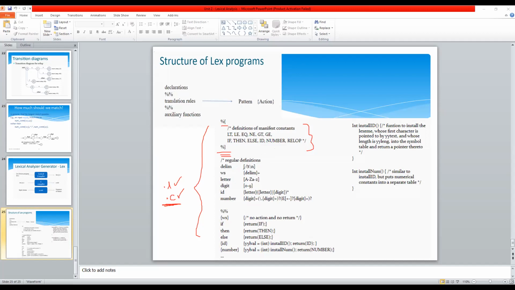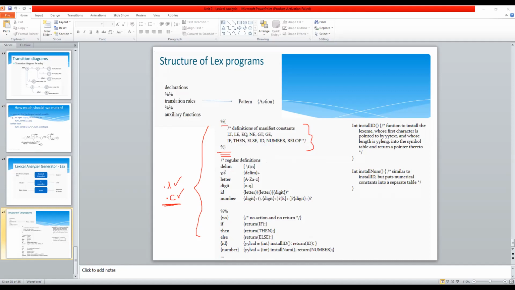Delimiter is specified in this manner. Delimiter म्हणजे space. So space can be a tab or it can be a new line character. जेव्हा दोन्हीपैकी काहीही मिळेल, one occurrence. Square bracket म्हणजे आपल्याला माहिती आहे, square bracket म्हणजे one occurrence of this, either /t or /n or both. So if it is occurring, then we are calling it as a delimiter. So the definition of delimiter is /t/n.